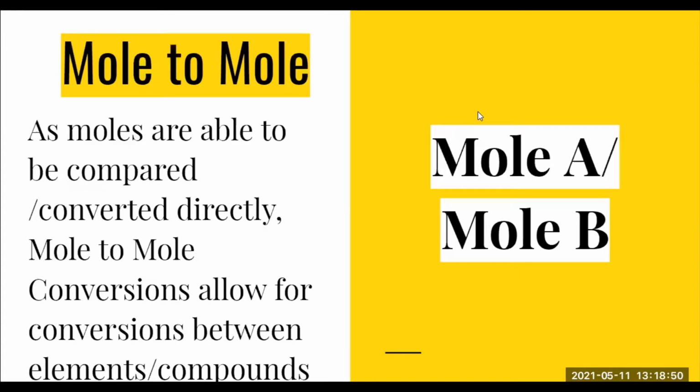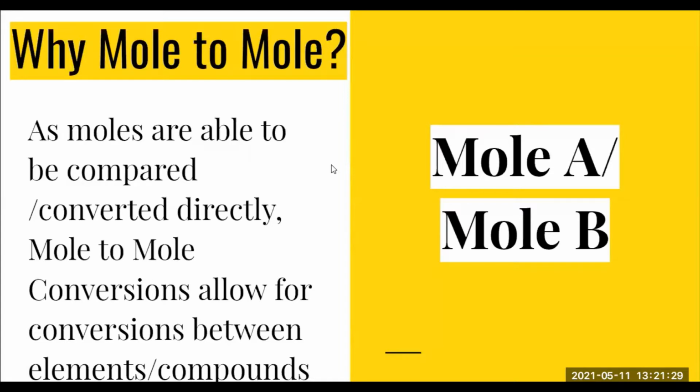So in compounds, the subscripts show moles, whereas you balance equations with coefficients, and therefore the number in front of a compound says how many moles of a total compound you have. So remember, compounds, subscripts, equations, coefficients. The two C's should never touch.